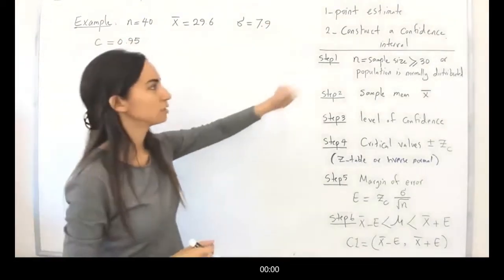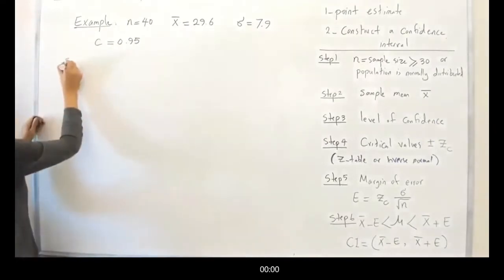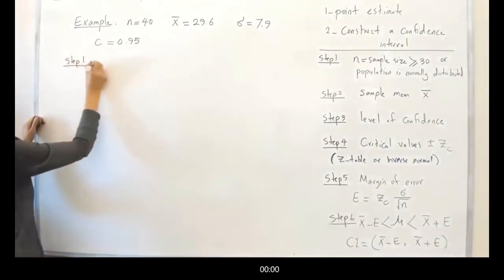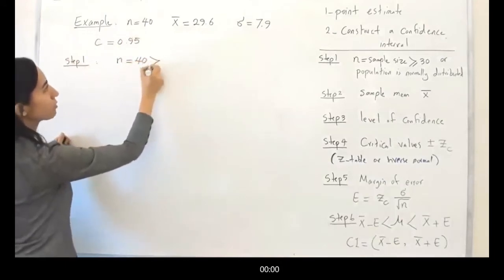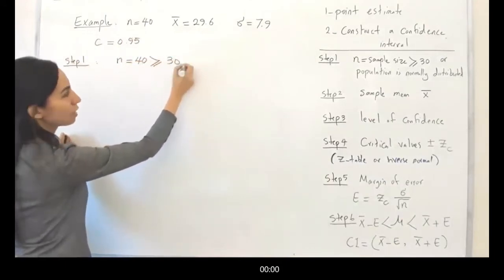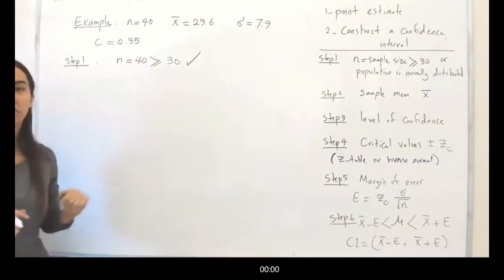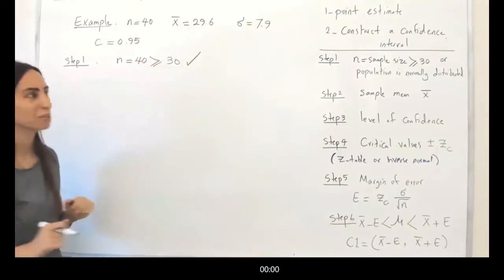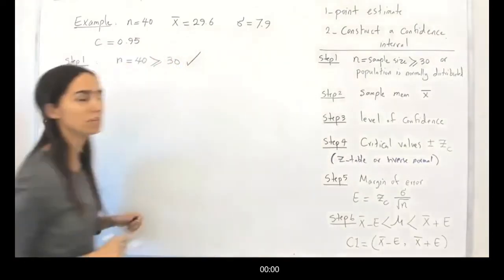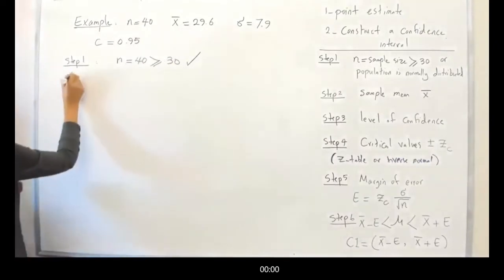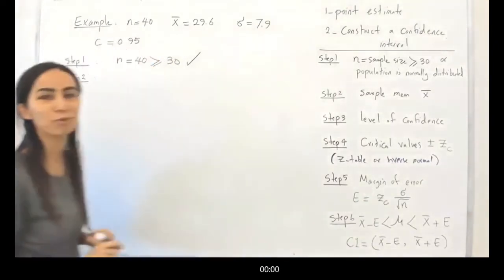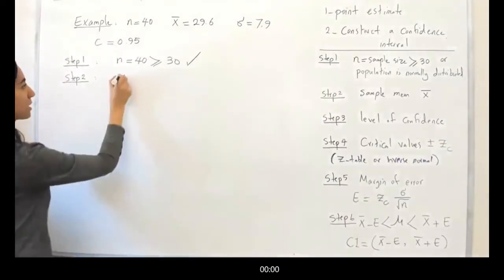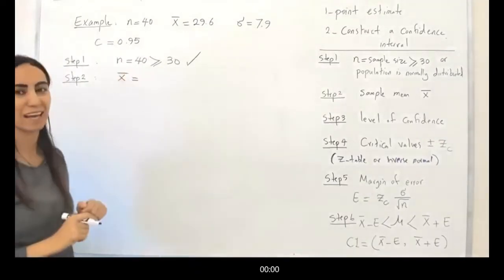Step 1, sample size. The sample size is equal to 40. Is 40 greater than or equal to 30? Yes. So the first condition is met. We're good with the first step. We're moving on to the second step. Step 2. What is the sample mean? Sample mean, X bar, we calculated that.